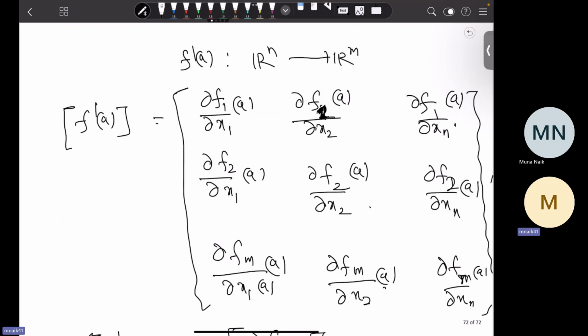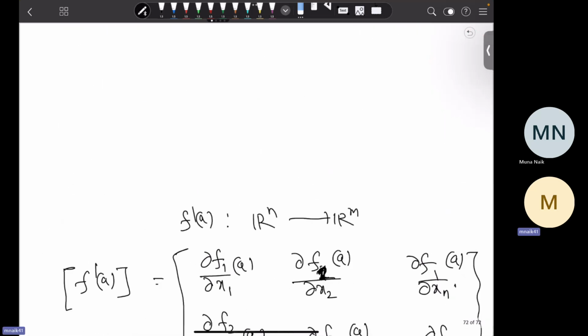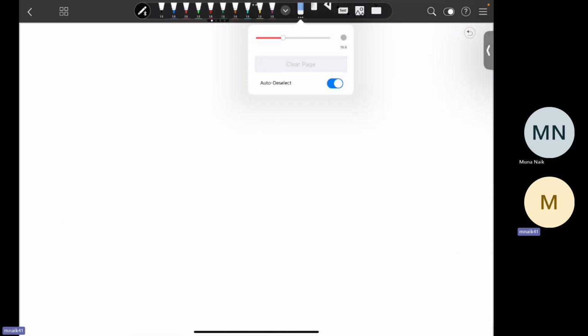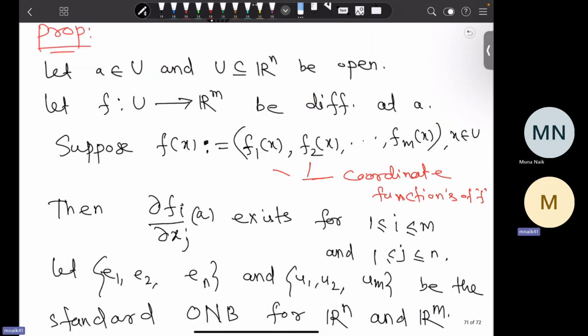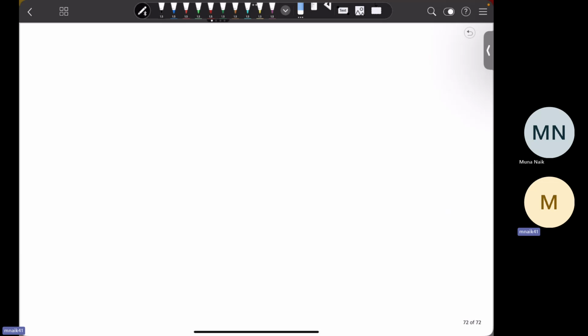Okay, so let us prove this. The proof is very simple. So what is given to us?